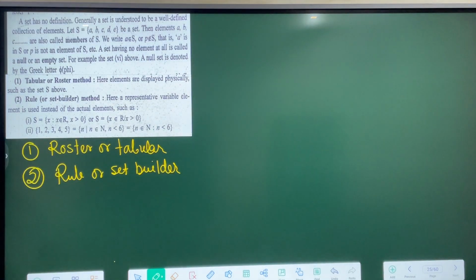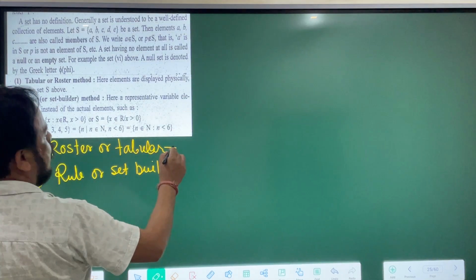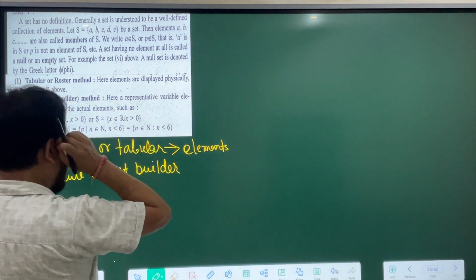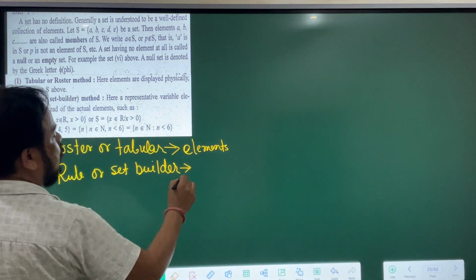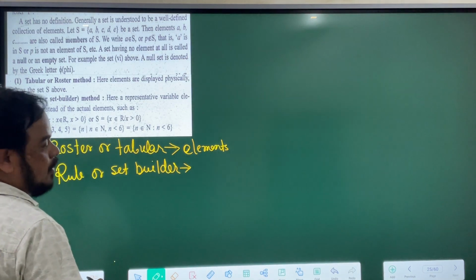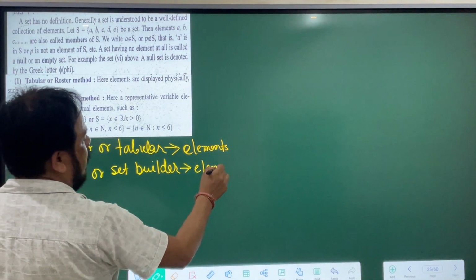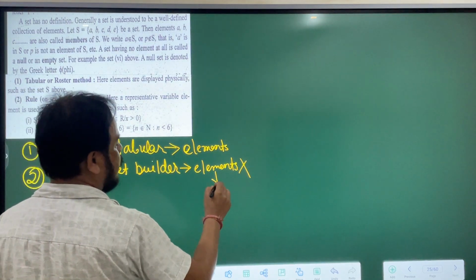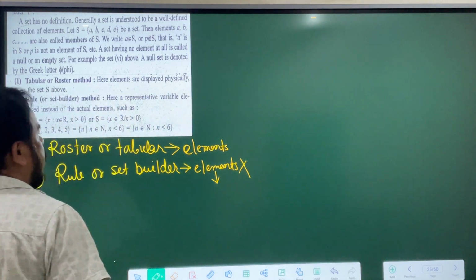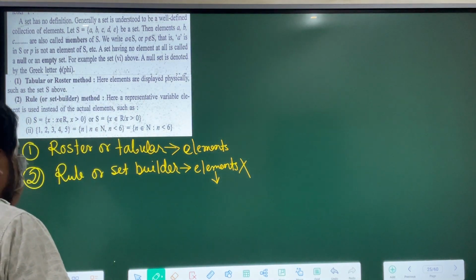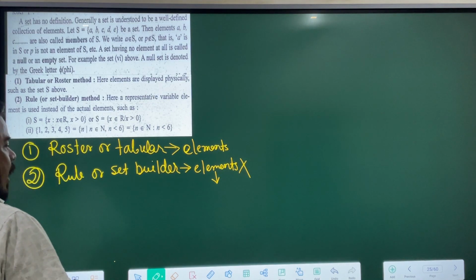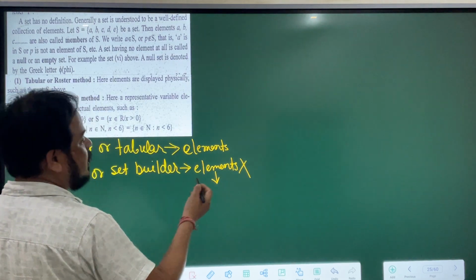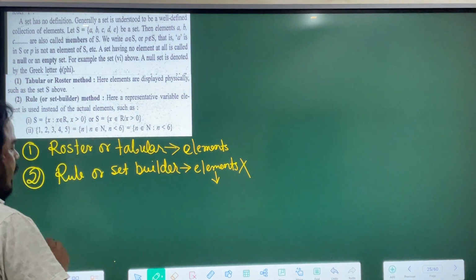Two methods are there. Roster or tabular means we will write the elements directly. But in the other method we will not write the elements, but we will show the elements without writing them. We will make people understand what the elements are.